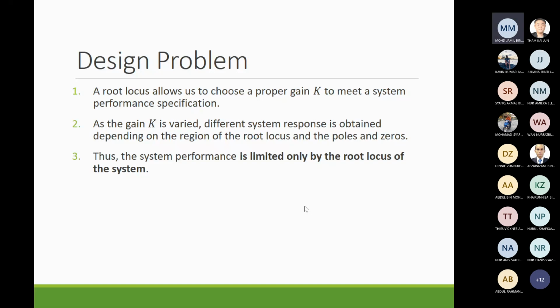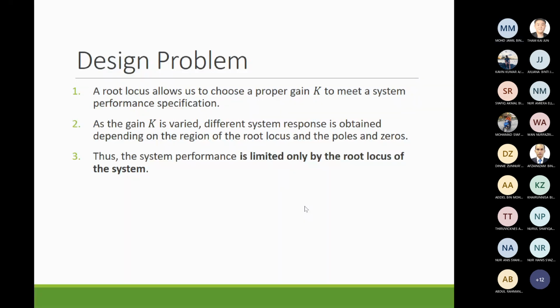As the gain K is varied, the system response also changes depending on the position of the poles and zeros. If the poles and zeros are on the right hand side of the S plane, then you will get an unstable system. If the poles are located on the left hand side of the S plane, then you get a stable system.